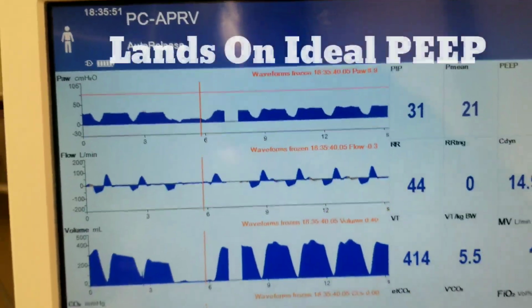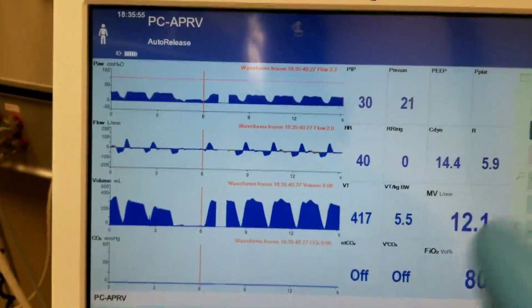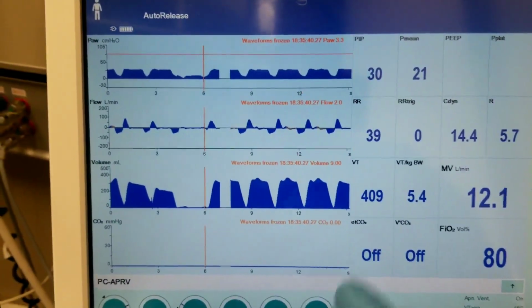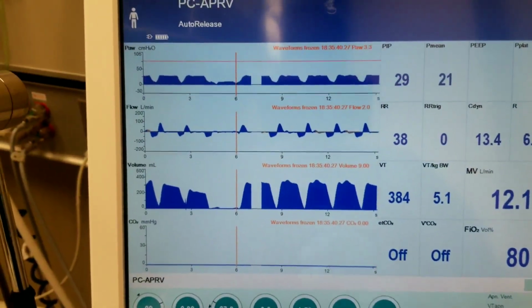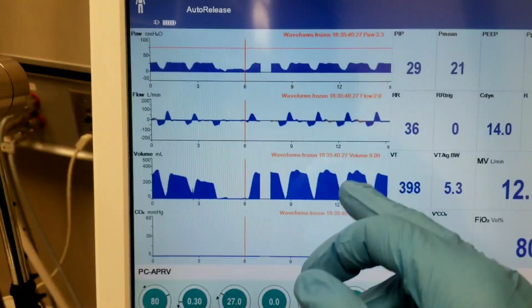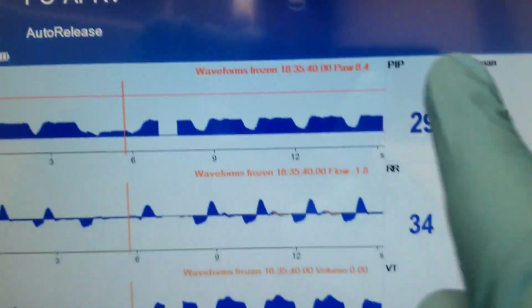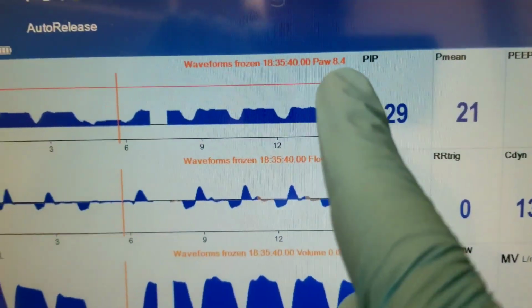8.9. And when you look at the global values that we did, the setting was ideal at 7, but the intrinsic PEEP when we set it at 7 was actually very close to 9.1 when you look at the mechanics that I did on the first paper.